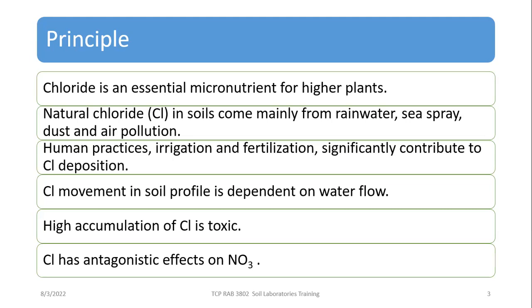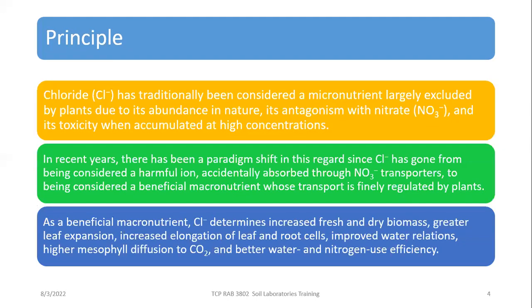So whenever there is chloride and nitrate in the soil, there will be a mutual effect between them. The uptake of chloride may influence the uptake of nitrate, and this of course has a very pronounced effect on crop growth. As you know, nitrogen is a very important nutrient that is very essential for plant growth.